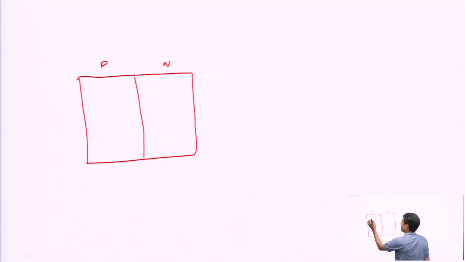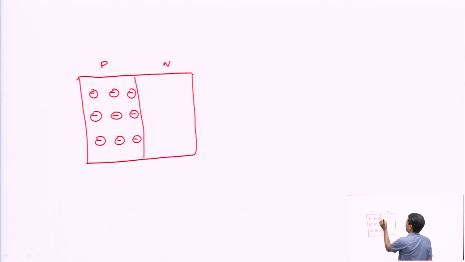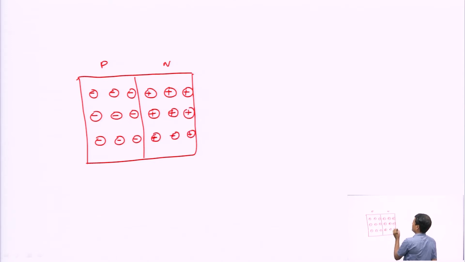At the left side these are the acceptor ions, it is very easy to understand, and at the right side these are the donor ions. This means here free electrons are there, and here holes are there.